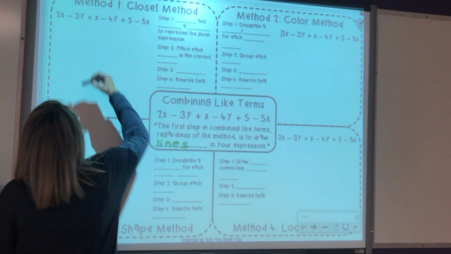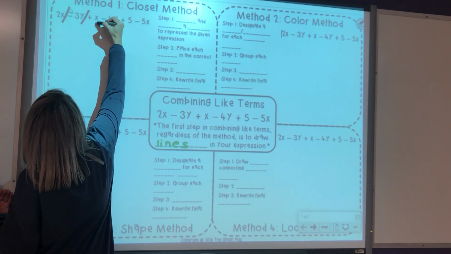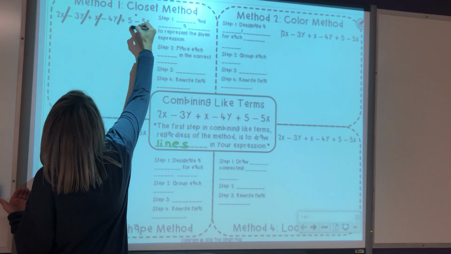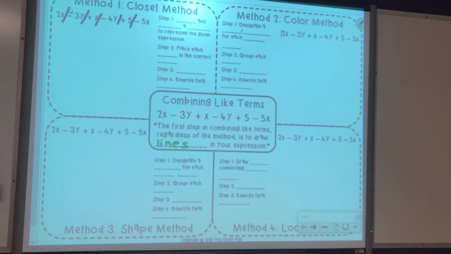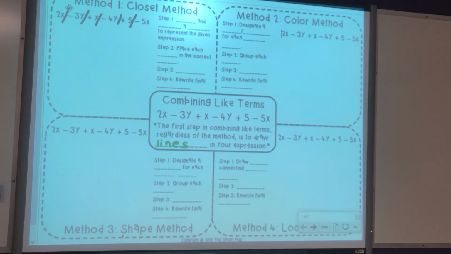So we draw little slashes, just like this. Those slashes separate your terms. And when you're separating your terms, then you can clearly see that that one's positive and that one's negative. So that's a good method to use first when you are combining like terms.